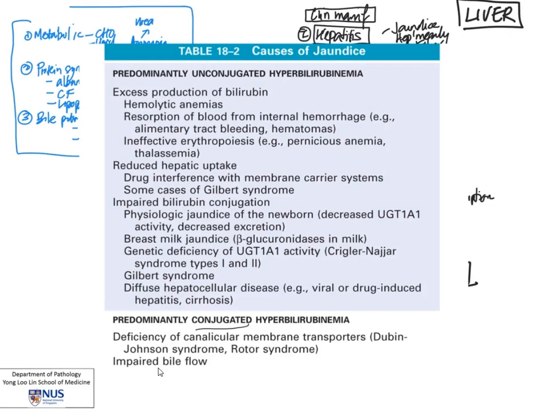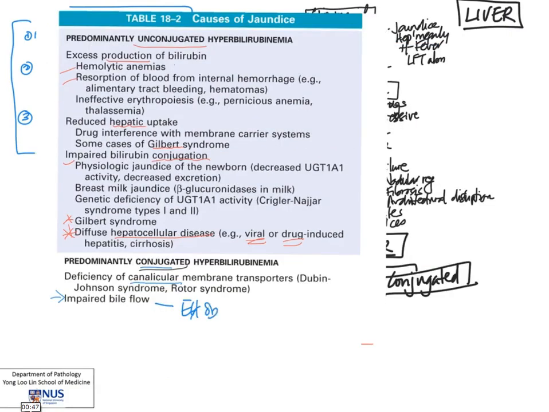Another important cause is actually physical obstruction, impaired bile flow, and this can be due to intrahepatic or extrahepatic obstruction. Important causes of extrahepatic obstruction would include not too uncommon calculi or stones, and another cause would be tumors.